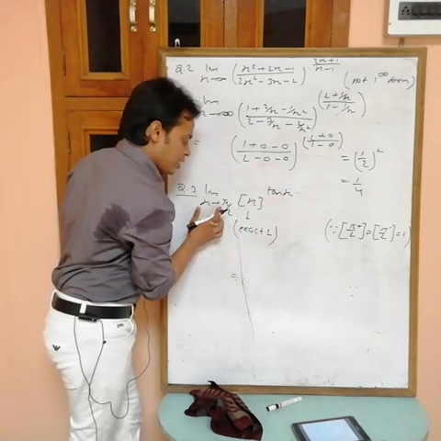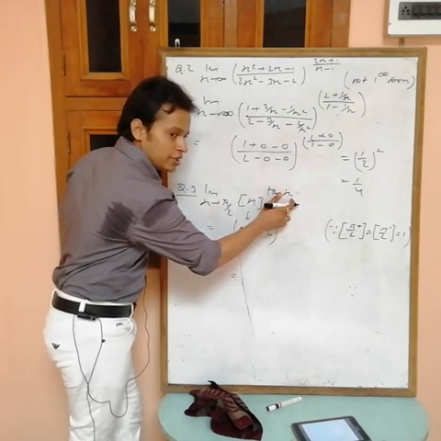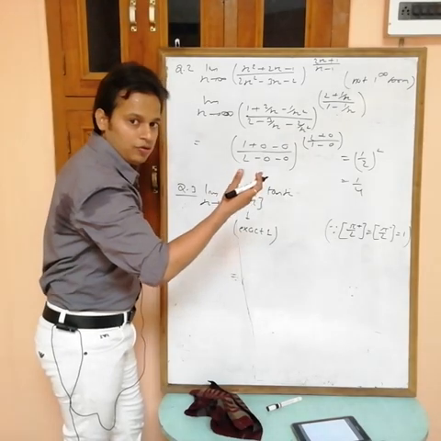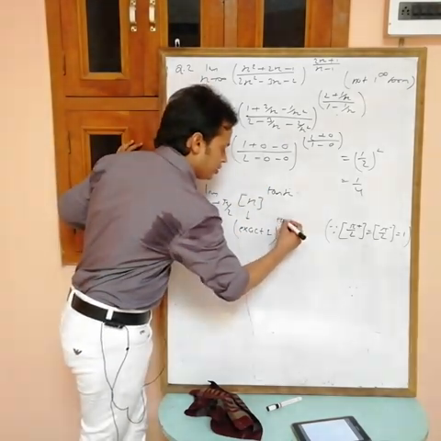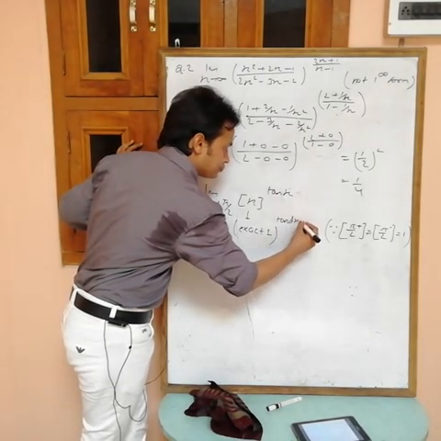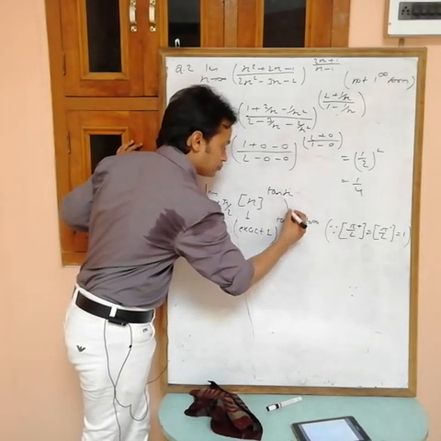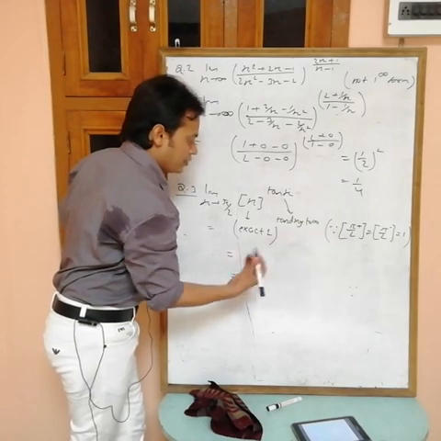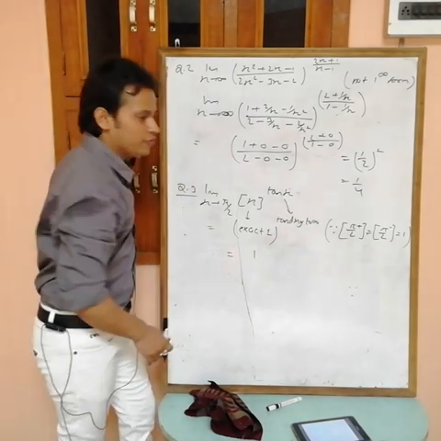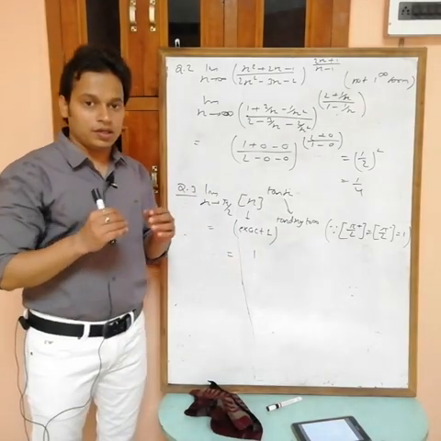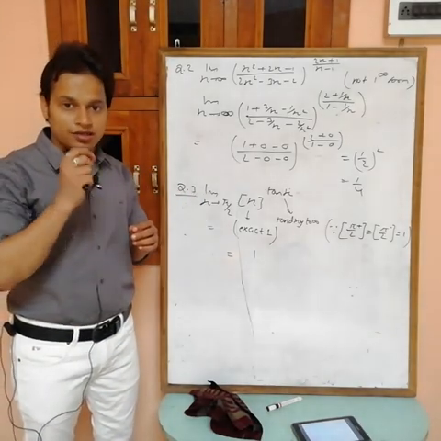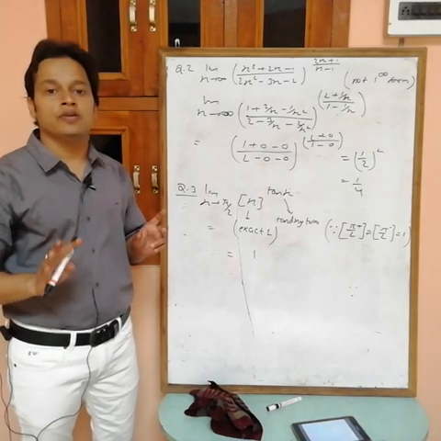And for this one, x tending to pi by 2, tan pi by 2 is infinity, tending to infinity. Exact 1 power tending to infinity is equals to 1. So value of this one is 1. It is written in the first class, exact 1 power infinity is equals to 1.